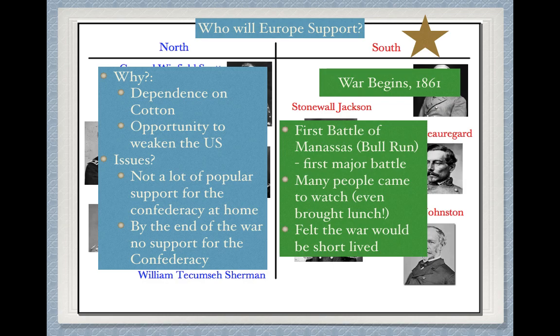That it's going to be widespread, that it's going to be bloody, that it's going to be devastating economically and also in terms of lives lost. So really quickly, people come to understand just how vicious the Civil War is going to be and how it's not going to be a quick sort of springtime distraction.